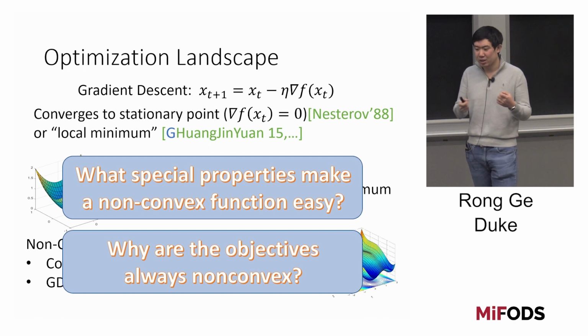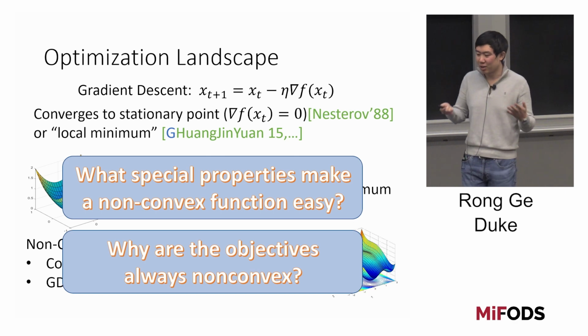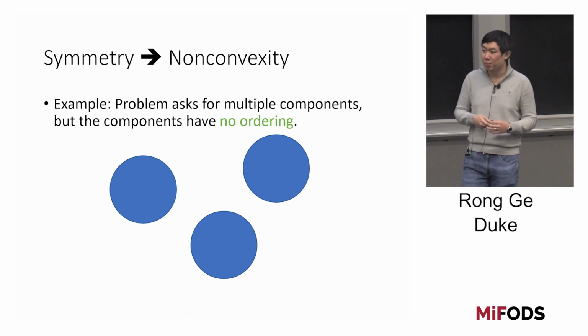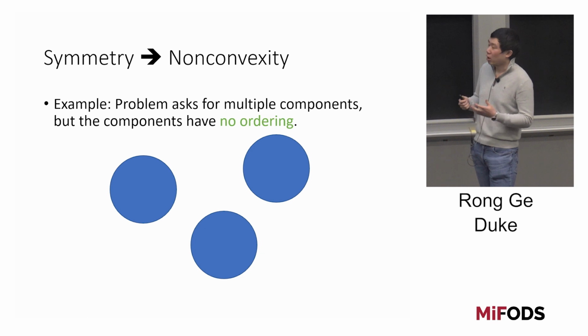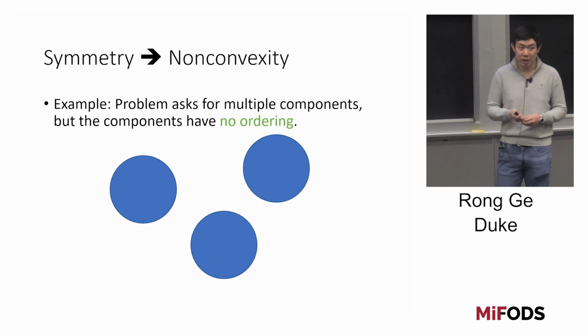Can I somehow change my objectives to make them convex? The answer is not likely. So what is one reason that makes objective functions non-convex? I would argue that symmetry within the objective function is one reason why your objective function has to be non-convex. So what do I mean by that, right?